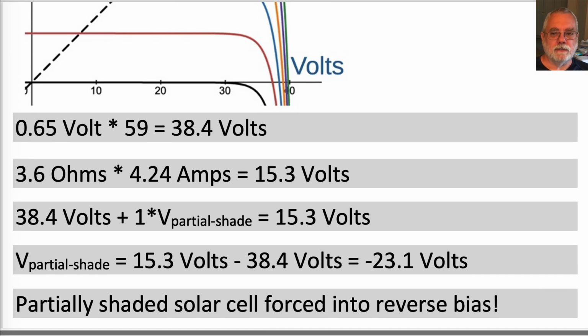The partially shaded solar cell gets forced into reverse bias in the upper left quadrant to match the voltage sourced by the solar panel current to this fixed load. The upper left quadrant is not shown on the solar panel specifications, but partially shaded solar cells can operate in that upper left quadrant when the panel is connected to a load, especially a fixed resistance.